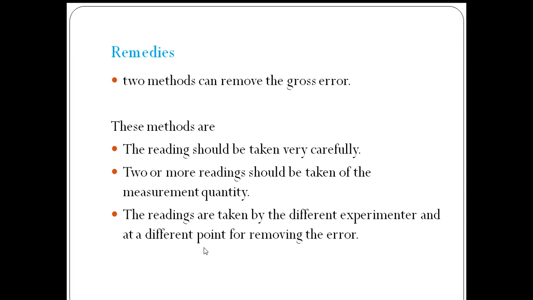Instead of taking one reading, two or more readings can be taken so that we get more clarity. The readings can also be taken by different experimenters. Suppose three members are doing the experiment, they may take three readings, so that we get more clarity and can remove the gross errors.